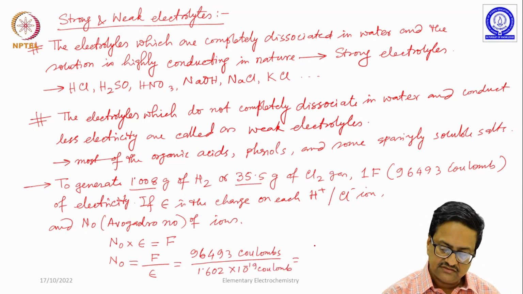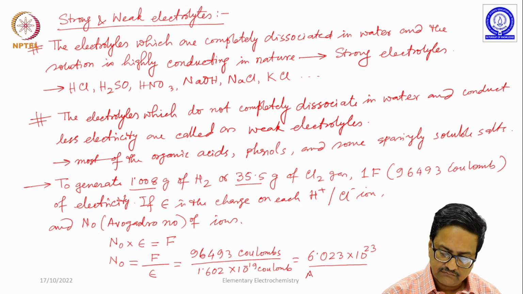So when you do this division, you arrive at a number 6.023 into 10 to the power 23, which is nothing but Avogadro's number.